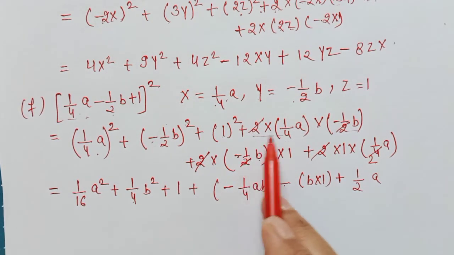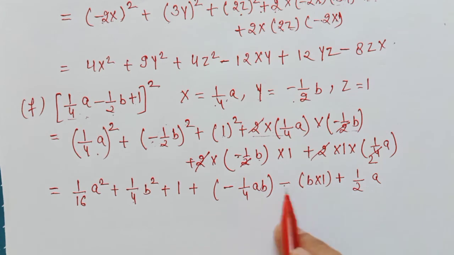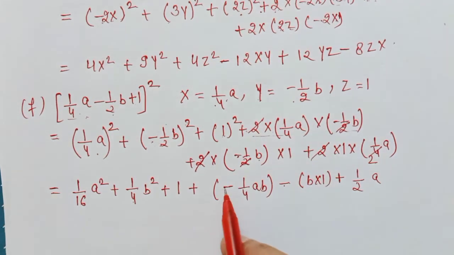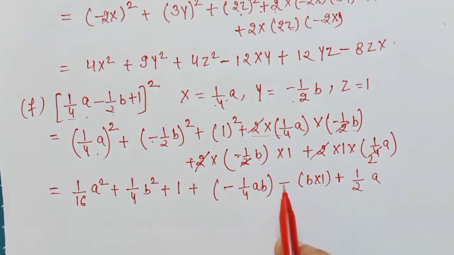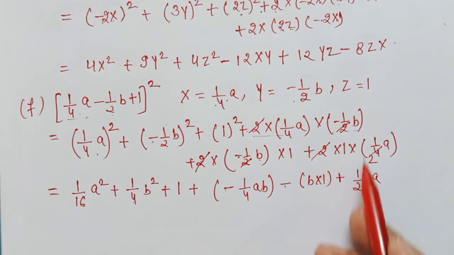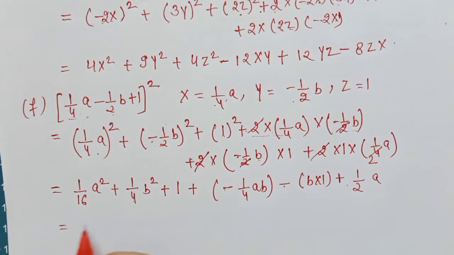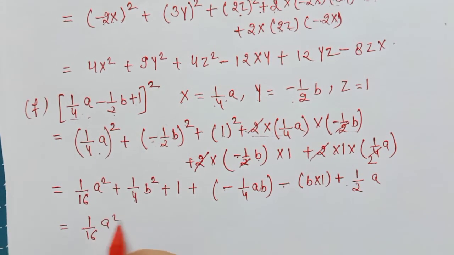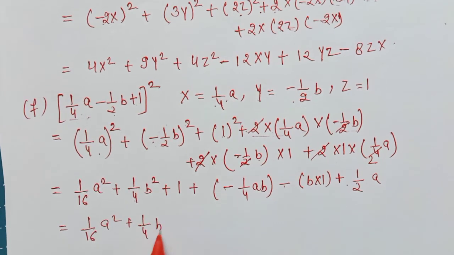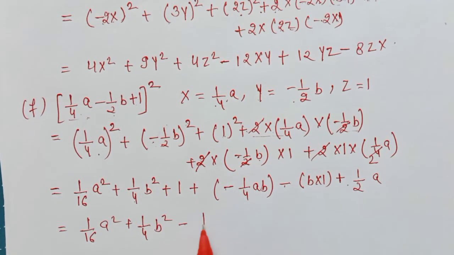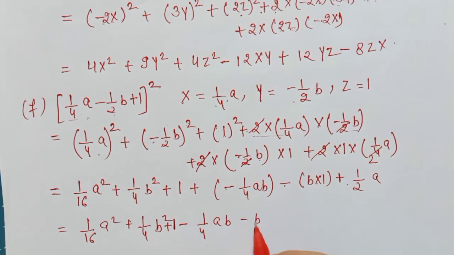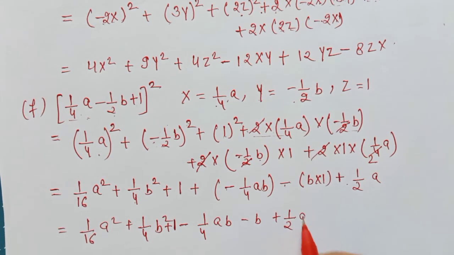Let us find how I am writing signs here. For plus minus minus, plus minus minus, plus plus plus. 1 upon 16a square, plus 1 upon 4b square, plus 1, minus 1 upon 4ab, minus b, and 1 upon 2a.